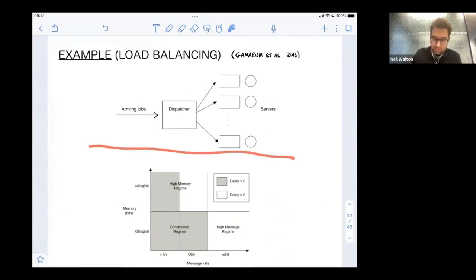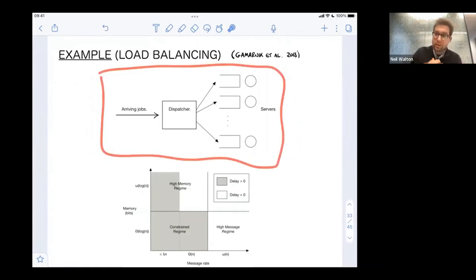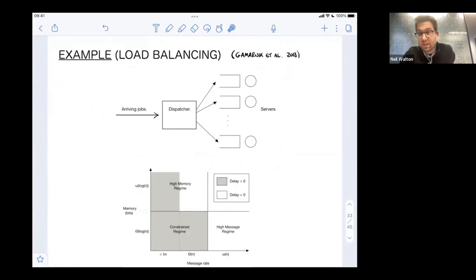Here's a model from data science. A lot of data servers work in this way: when you make a request to a data center, arriving jobs come in and there's a dispatcher which needs to make quick decisions about which servers are going to serve that request.